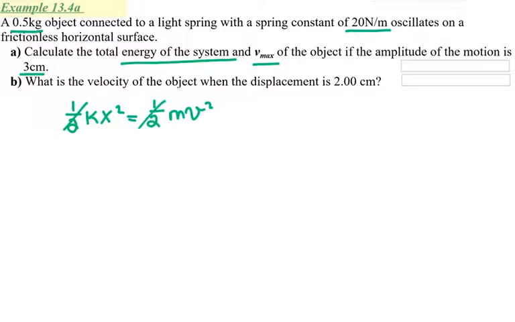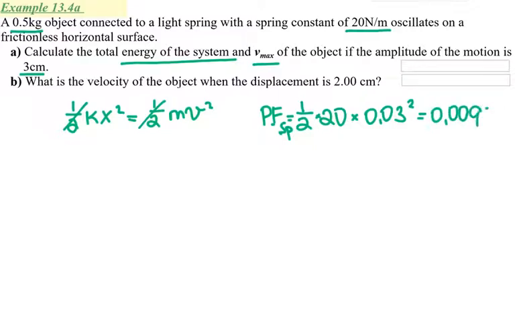Calculate the total energy. I could do total energy 1/2, so that's the potential energy of the spring, which is 1/2 k, k is 20, and x squared is 3 centimeters, so 0.03 squared. That will give me 0.009 joules of energy.